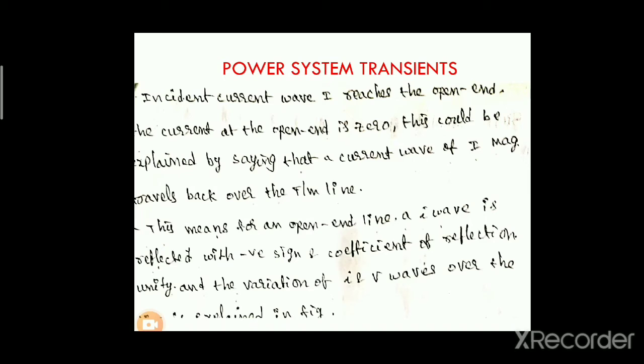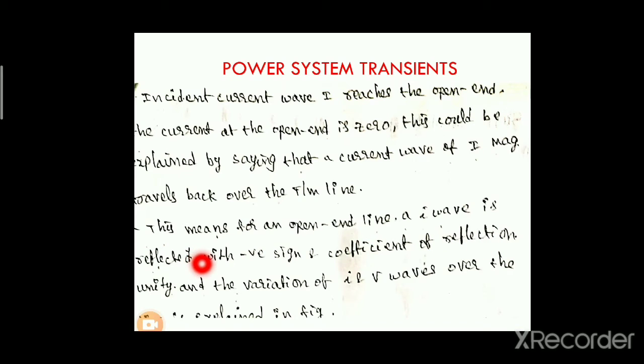This means that for an open end line, the I wave is reflected with the negative sign, and the coefficient of reflection is unity.